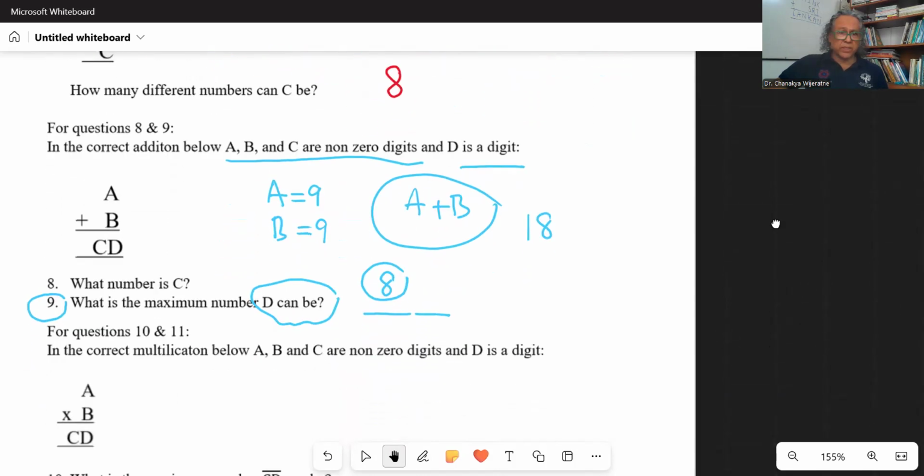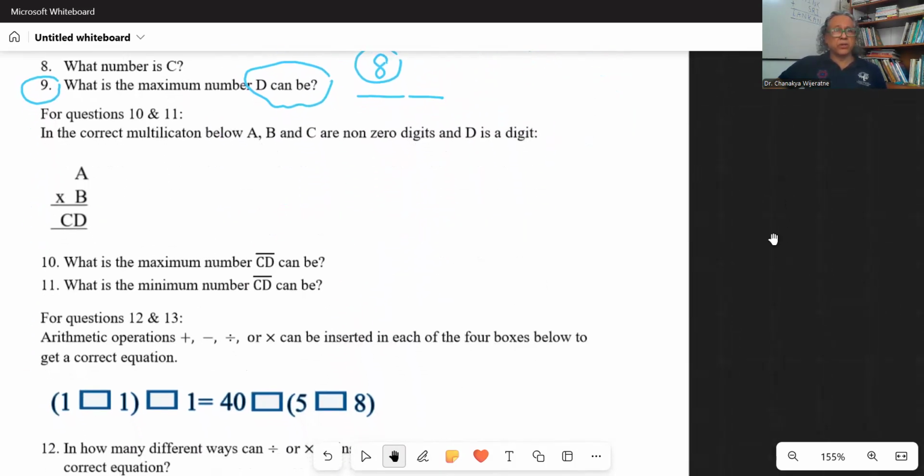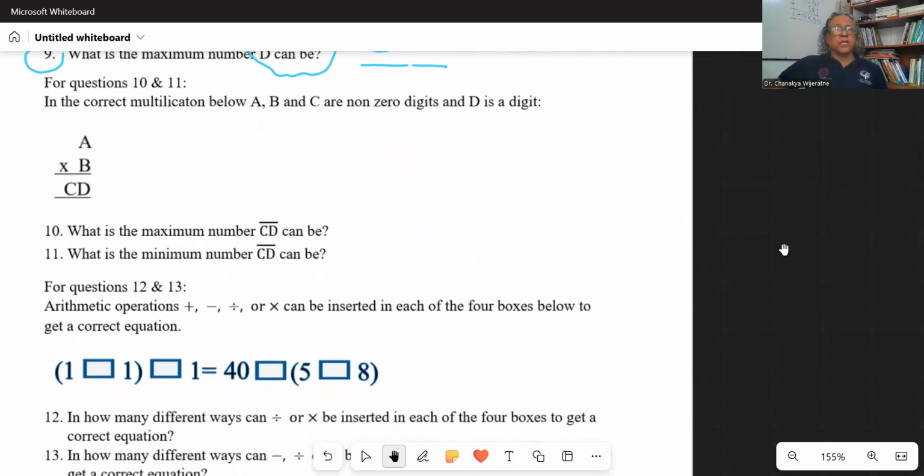We go to number 10. Number 10 and 11 have a common setting. In the correct multiplication below, not addition, A, B, and C are non-zero digits, and D is a digit. What's the maximum number CD can be? Now there's a bar above this, which means the two-digit number whose tens digit is C and whose ones digit is D. So what's the maximum this can be?